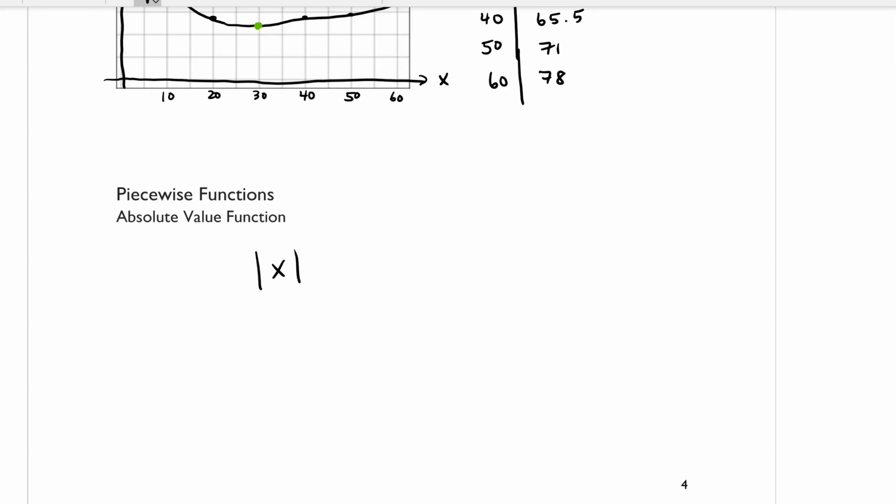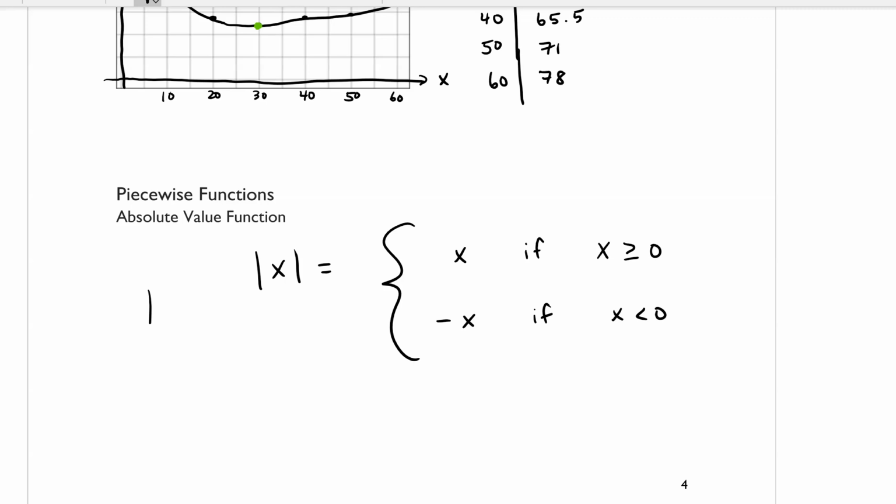The absolute value function is equal to, and remember piecewise functions are usually defined by using this large curly bracket, and we are breaking it into chunks. So the absolute value function has an output of x if our input x is greater than or equal to 0, and it's negative x if x is less than 0.